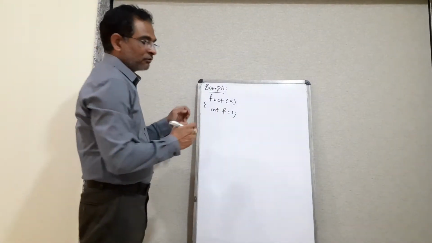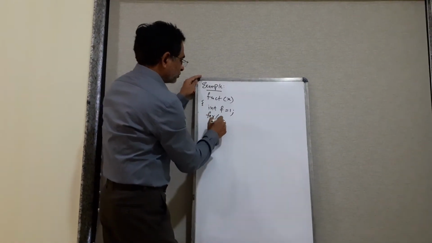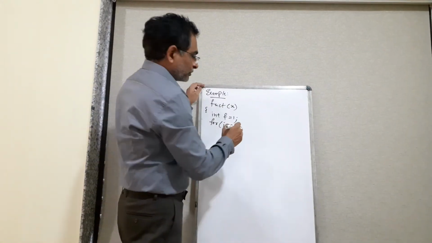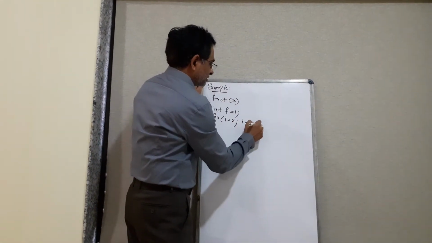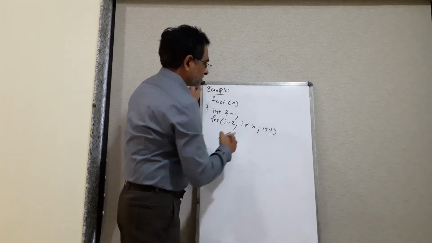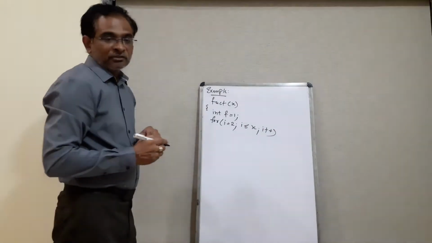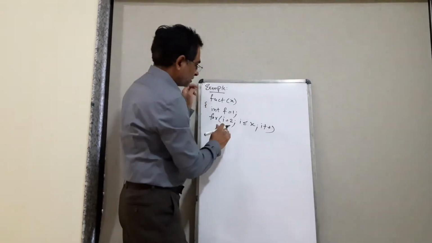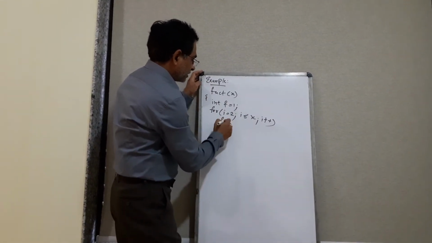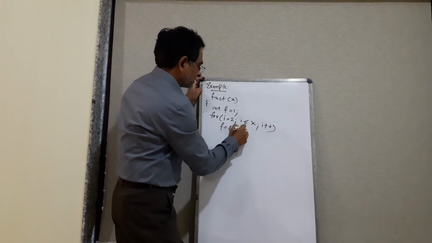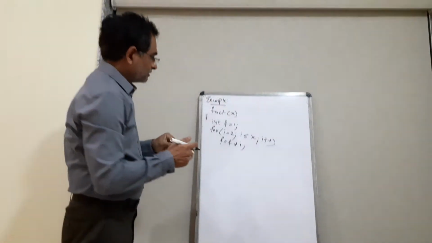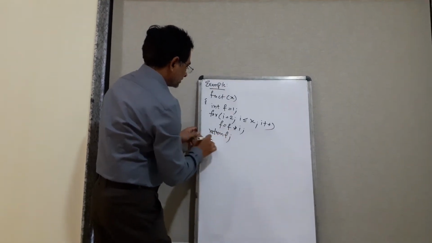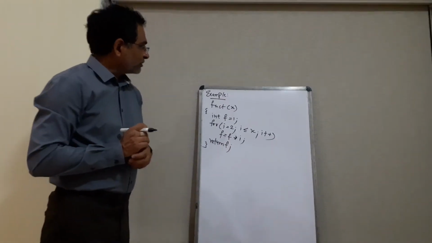Then for i equal to 2, I'm just writing the loop, for i equal to 2, i less than or equal to x, i plus plus, then f is equal to f into i. And then at the end I need to return something, so return f.